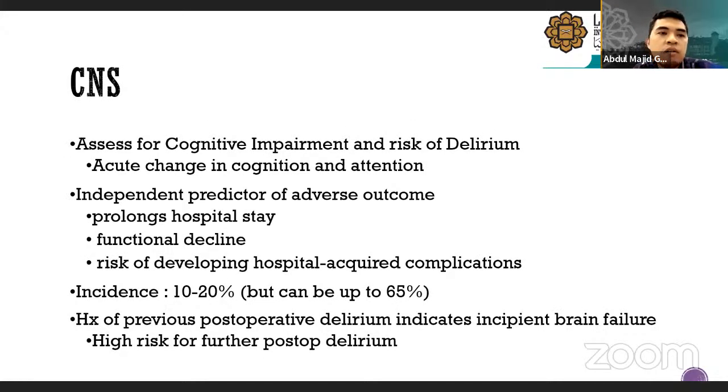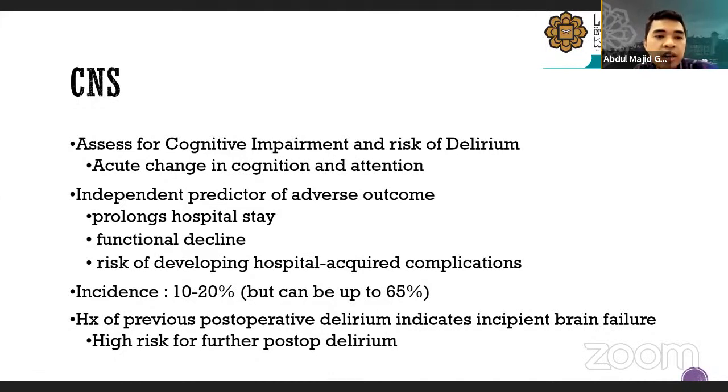For CNS, we assess for cognitive impairment and risk of delirium based on acute change in cognition and attention. It independently predicts adverse outcome, whereby it can cause prolonged hospital stay, functional decline of activities, and risk of developing hospital-acquired complications such as infection, delay, prolonged insertion, as well as poor wound healing.